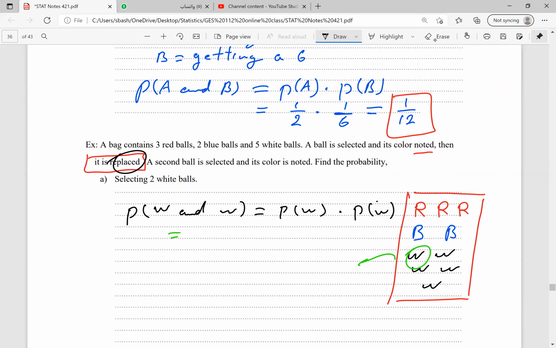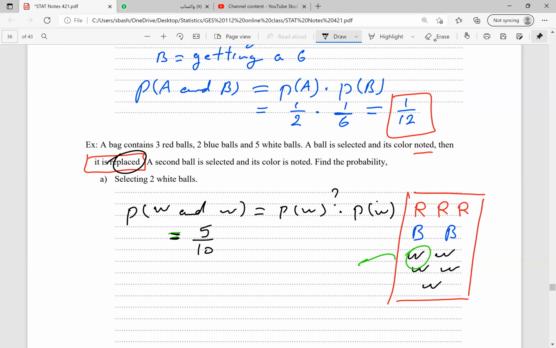Should we multiply or not? I have to check whether these are independent or not. Getting white in the first time is 5 out of 10, because I have 5 white balls.